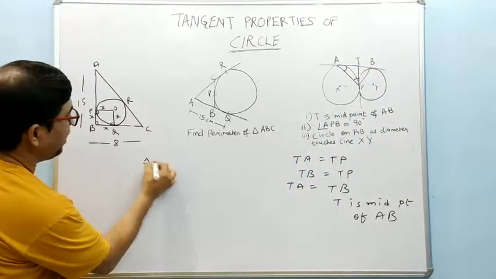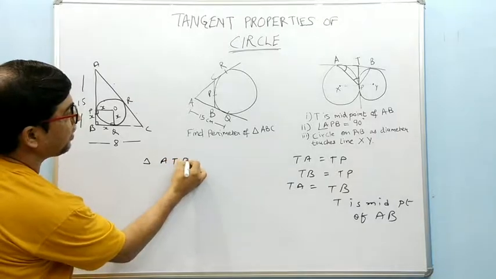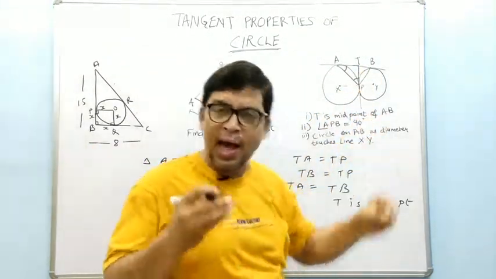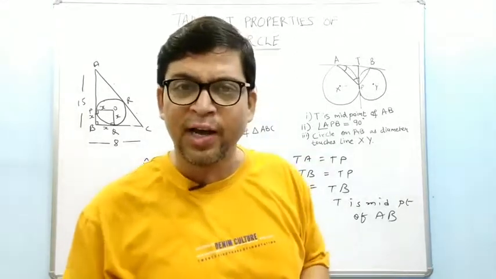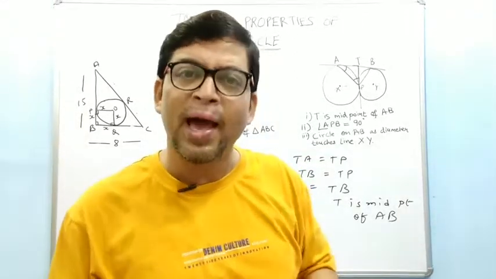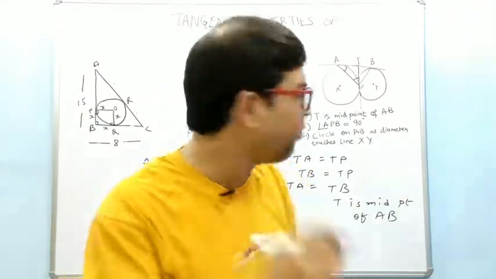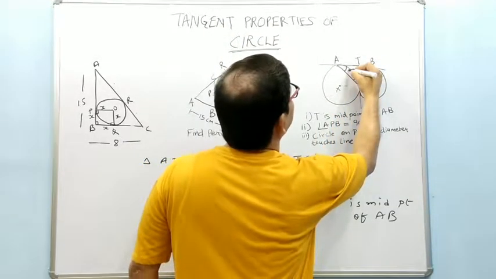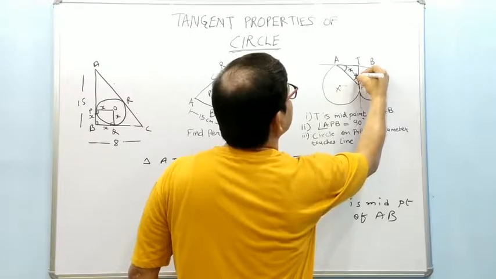In triangle ATP, TA was equal to TP, and if two sides of a triangle are equal, then the two corresponding angles will be equal. So if I take this angle as x, this will be x also.